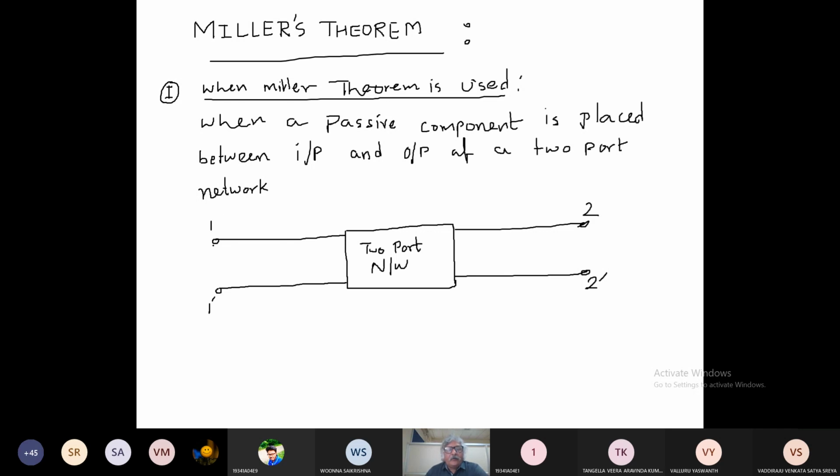Now in the input port, here we are having V in, we applied some voltage source. At this port we are having some input voltage to this two port, and here we are having V out.